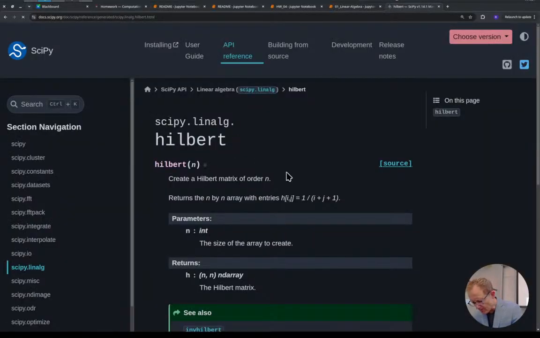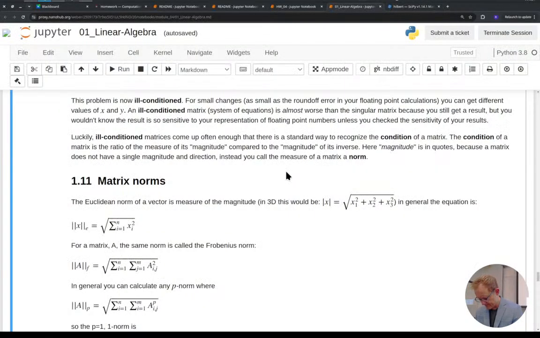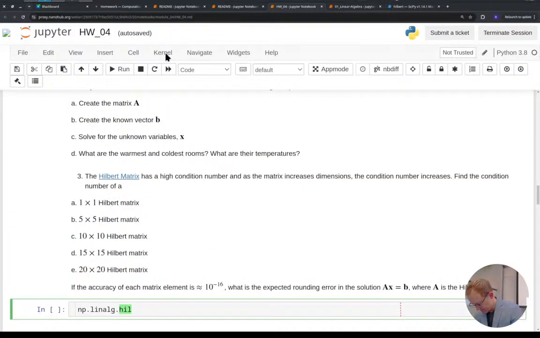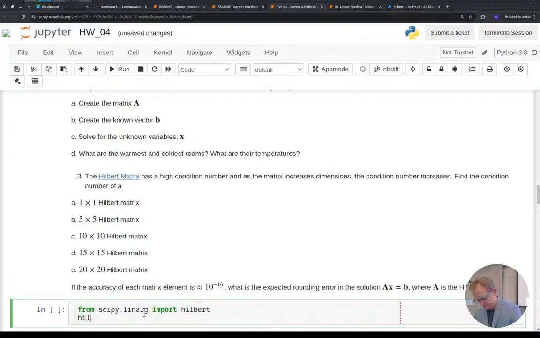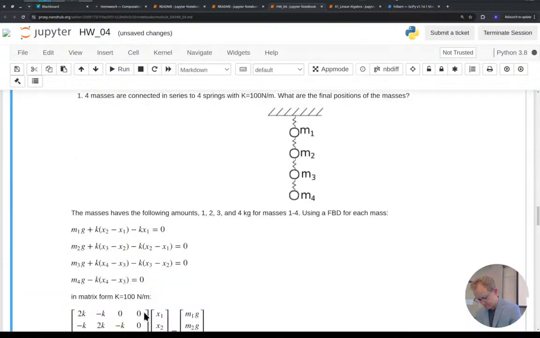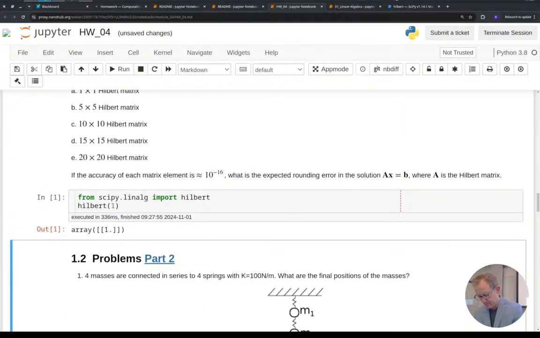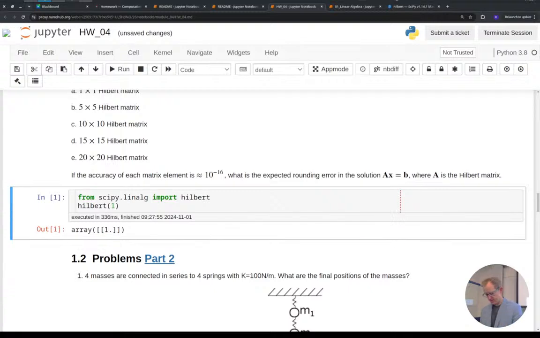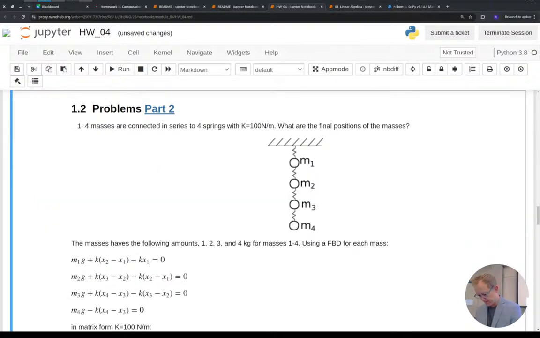Oh, maybe it's scipy.linalg. So if you want, you can program it yourself, or you can import it. A 1-by-1 Hilbert matrix is just going to be a 1, versus the 5-by-5.